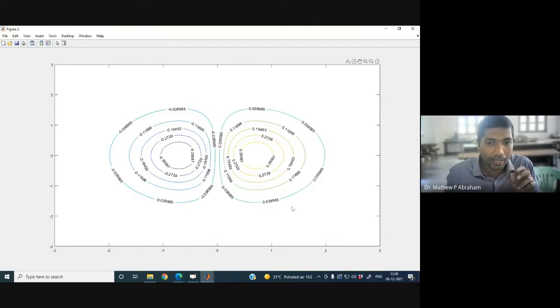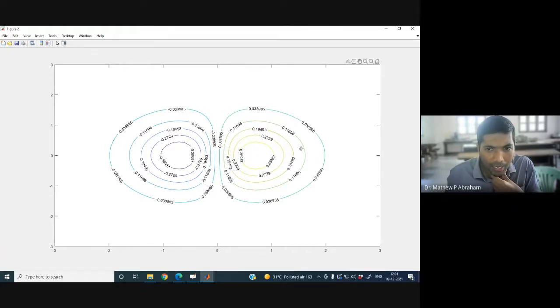And the area where it is maximizing is given by this side. Sorry, which side will be maximizing and which side will be minimizing? Can you help me with that?